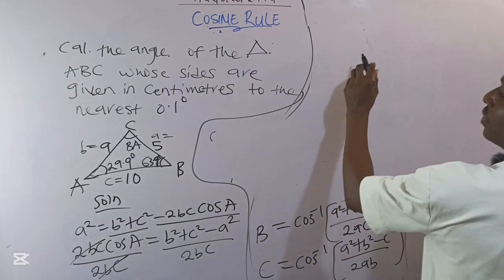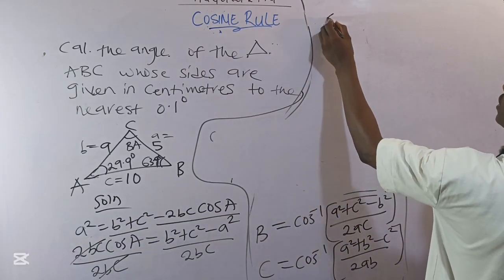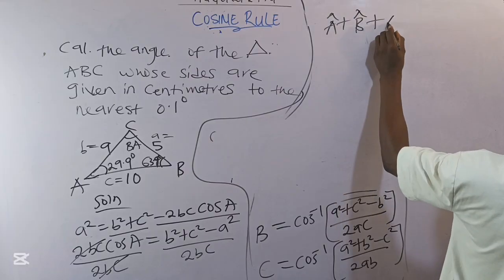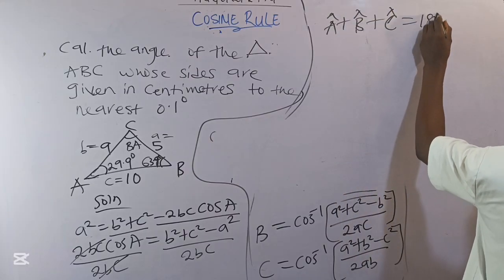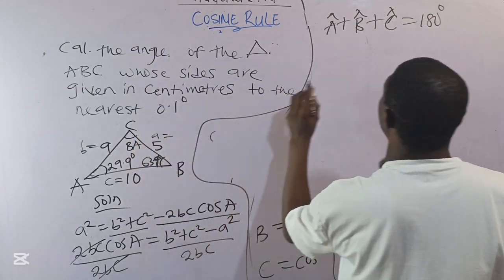Let's see. If I'm looking for C, I know that angle A plus angle B plus angle C equals 180 degrees, the sum of interior angles in a triangle.